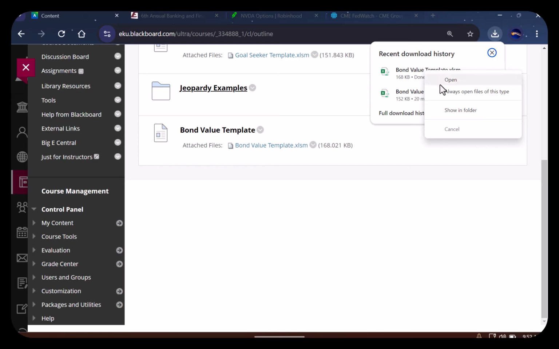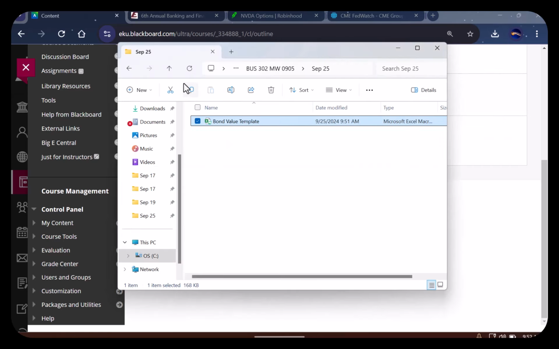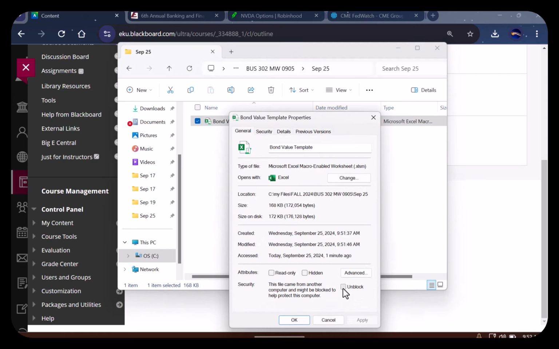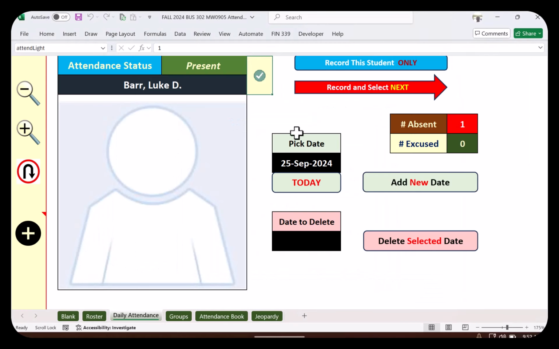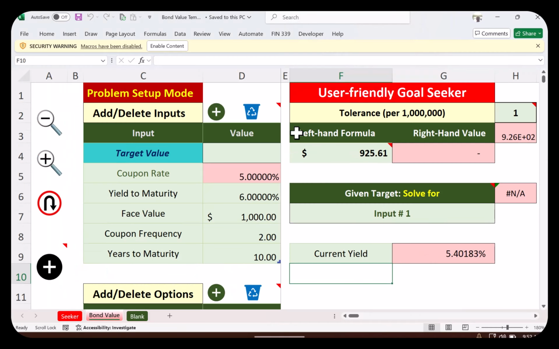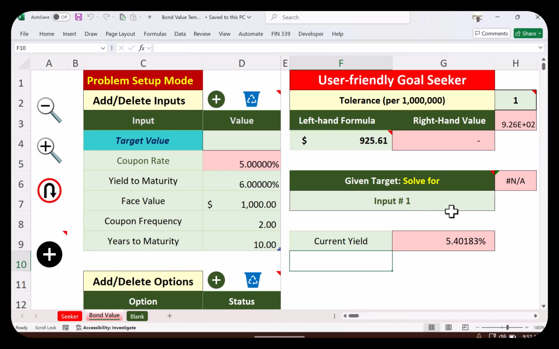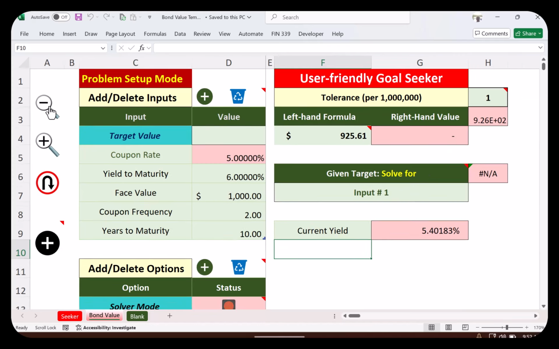So open where the file is, right click properties, and you do this only once. Okay, and I'm going to open it back up and make sure you enable the contents.